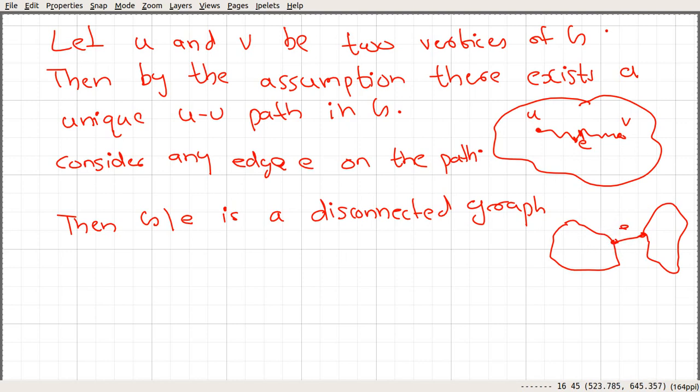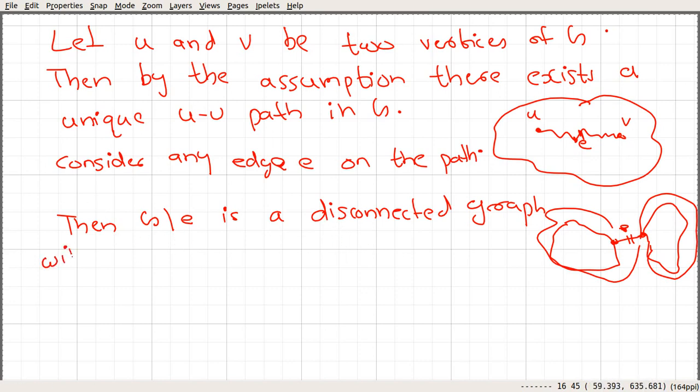Then G minus E is a disconnected graph with exactly two components. Because the path is unique, this edge E is somewhat unique. If you delete this edge, we have this component and this component. One component is this part and another component is this part.